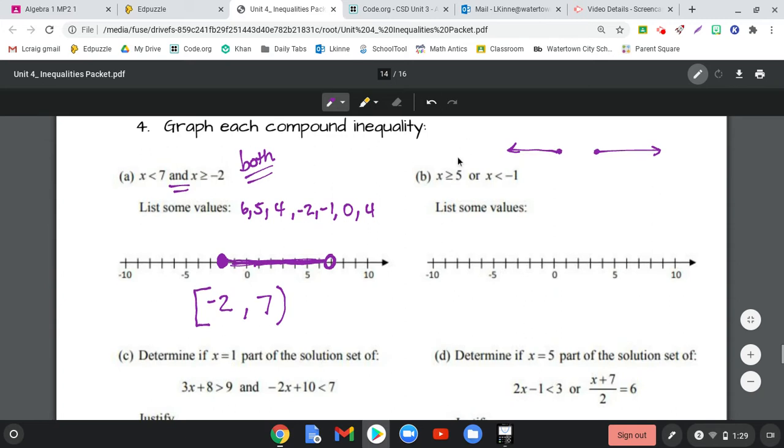All right, for or, x is greater than or equal to 5. So we'll shade the numbers that are greater than or equal to 5. Or it could also be x is less than -1.